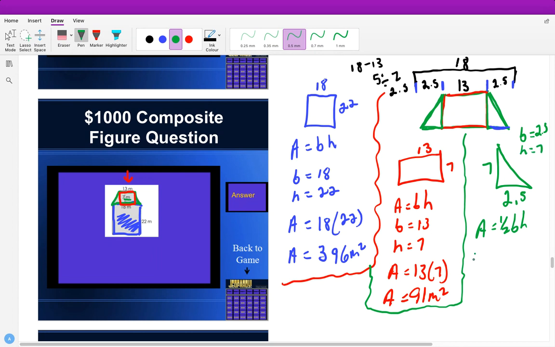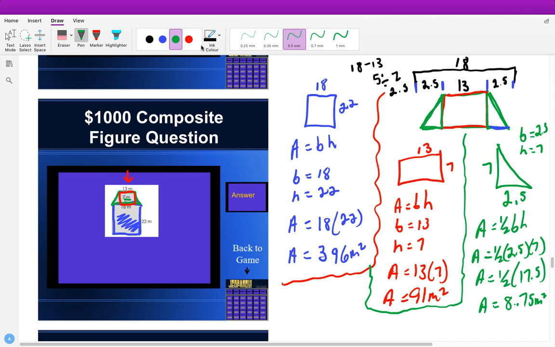So area is equal to 1/2 of 2.5 times 7, which is 17.5. So area is equal to 1/2 of 17.5. Then I will divide that by 2, and my area is equal to 8.75 meters squared.